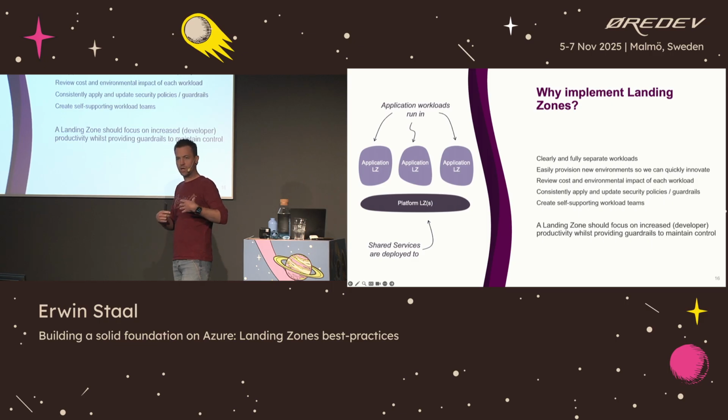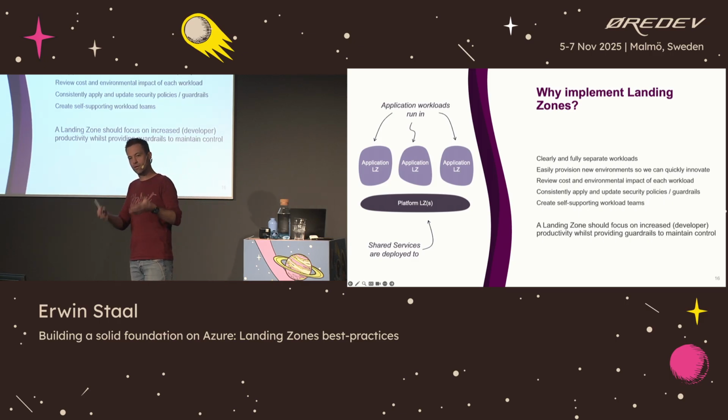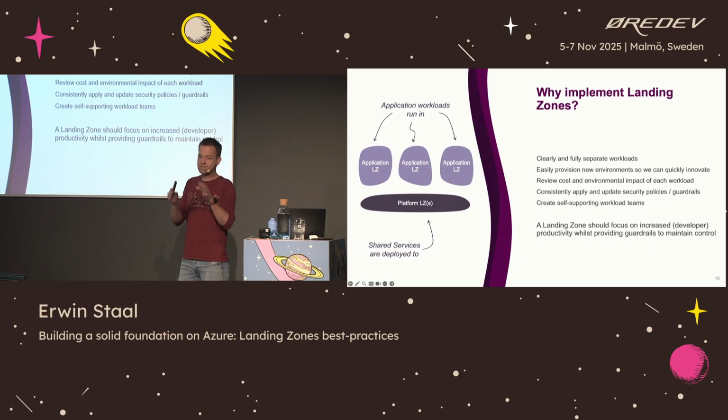And especially for organizations that use a nice agile and DevOps way of working, it also gives application teams a place, a landing zone, where they can be self-supporting, where they can have a place to autonomously build their applications in guardrails, of course, but still have enough permissions and power to build that stuff in a self-supporting way within their own isolated boundary.